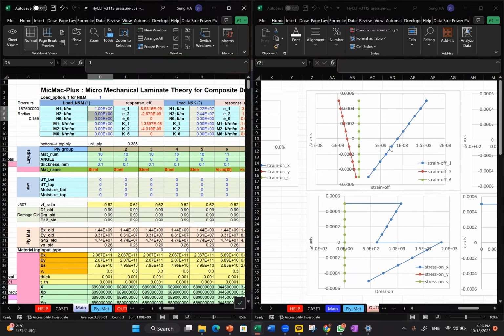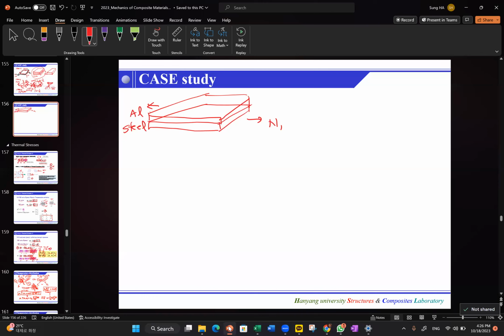It has a curvature there. Curvature will be caused. It means that if we apply the N1 like this, we will have something like this, right? And also we have an anti-curvature like this. So we can see that this is curvature 1 and curvature 2.